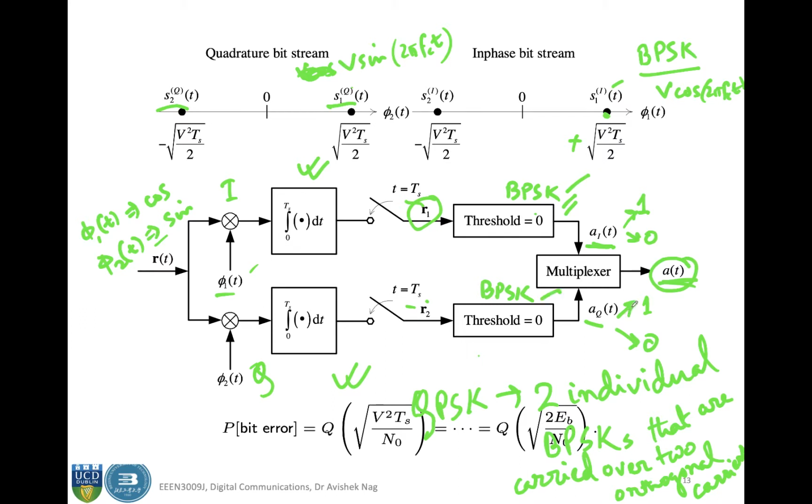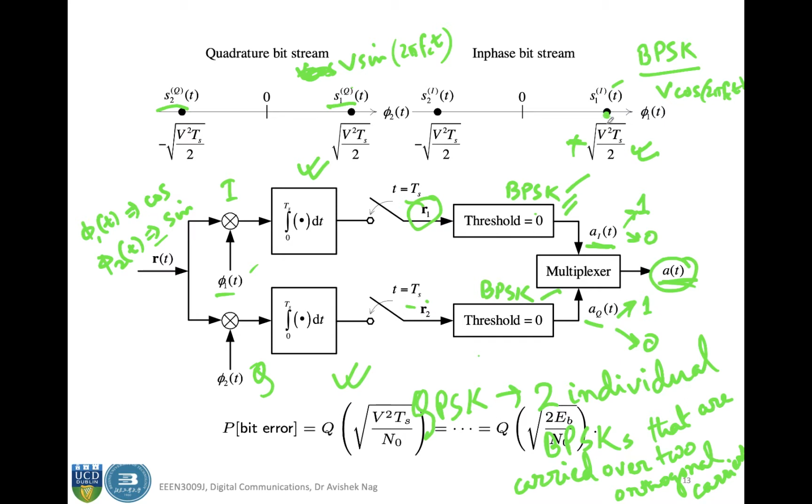Okay, so the probability of bit error is equal to the probability of bit error for a BPSK with these parameters. Okay, you can see that both the in phase BPSK and the quadrature BPSK have plus or minus square root of v square Ts by 2 as the energy of the signals, as the amplitude of the signals.